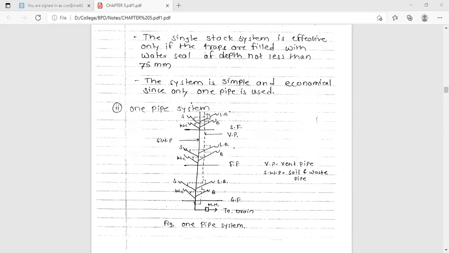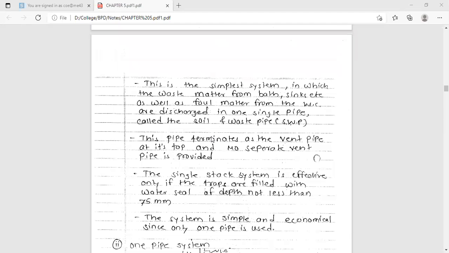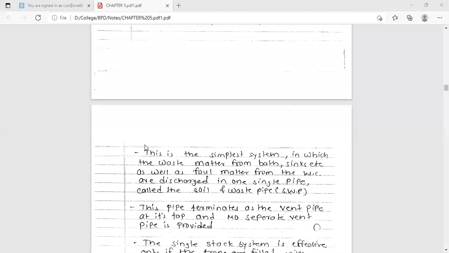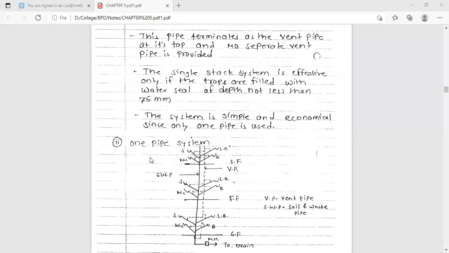VP is nothing but the vent pipe, but in a single stack system we are not going to provide any kind of vent pipe. The main difference between the one pipe system and the single stack system is that in the one pipe system we provide the vent pipe, but in the single stack system we do not.